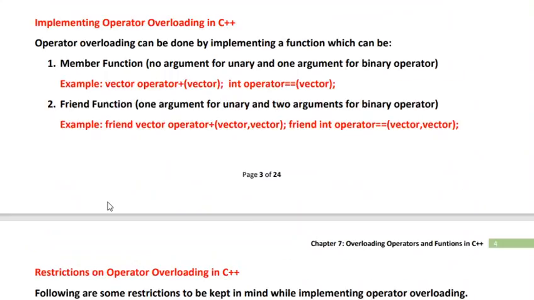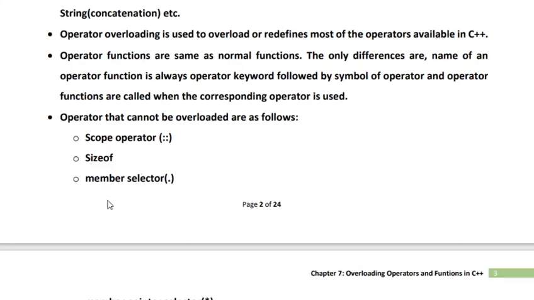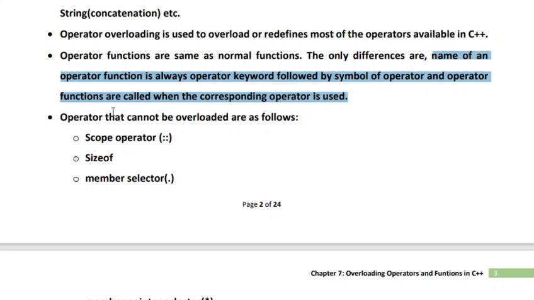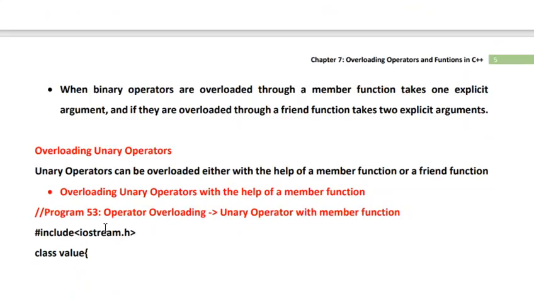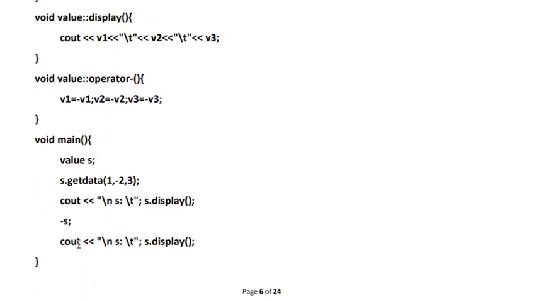If you go back and see, the name of an operator function always has the operator keyword followed by the symbol of the operator, and the operator functions are called when the corresponding operator is used. Now just see here, we have used the operator along with the object.